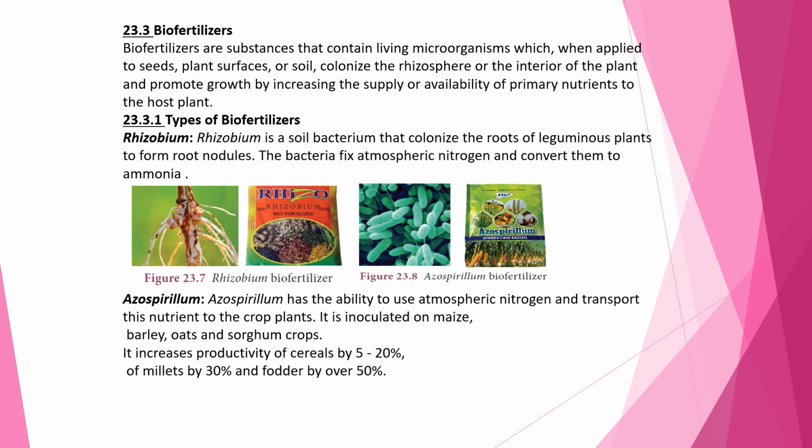It is inoculated on maize, barley, oats and sorghum, that is, on our plants, and it increases productivity of cereals by 5 to 20%, millets by 30%, and fodder by 50%.